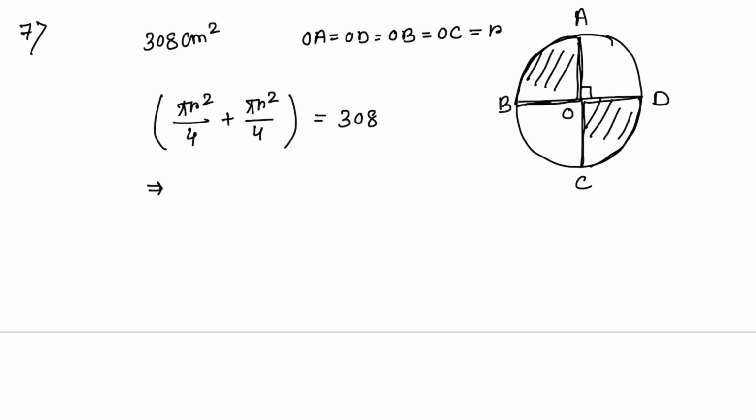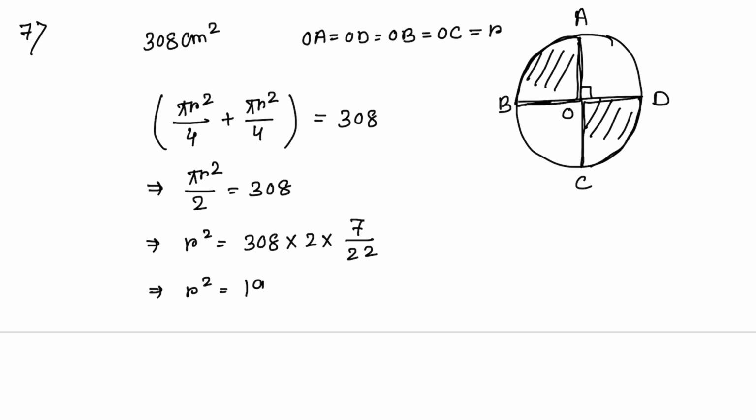Now pi r square by 4 plus pi r square by 4, you can write as pi r square by 2, and that equals 308. So r square equals 308 into 2, and then 7 by 22. From that, r square equals 196. So as r square equals 196, r equals 14.